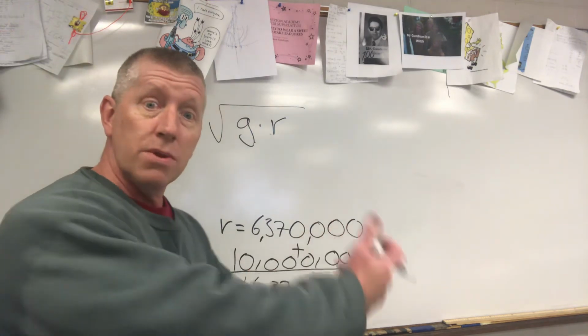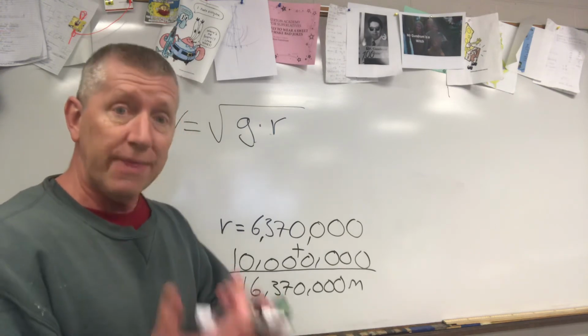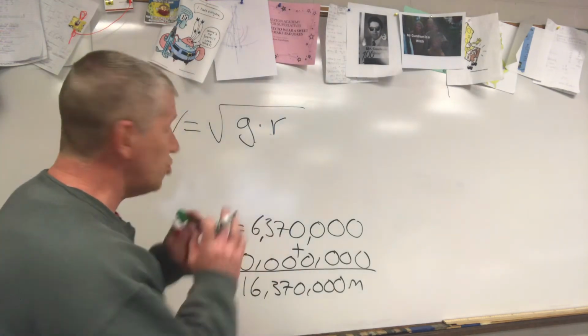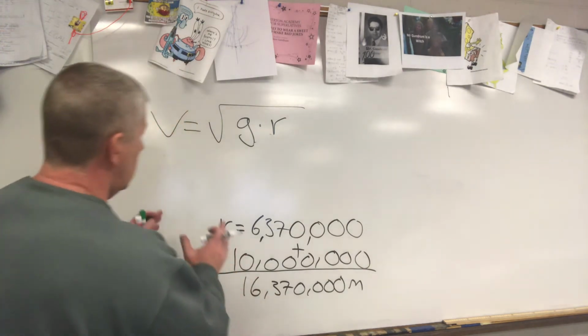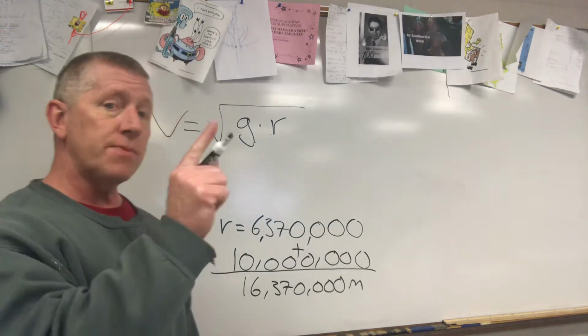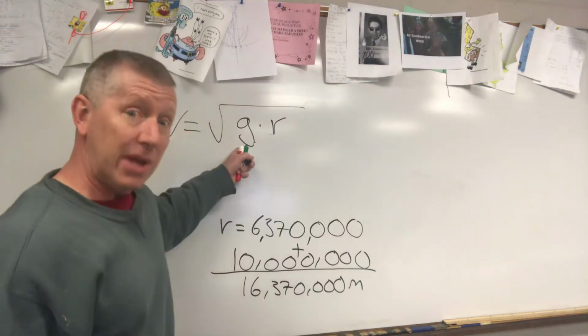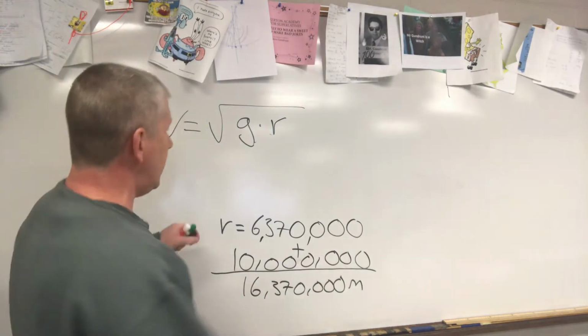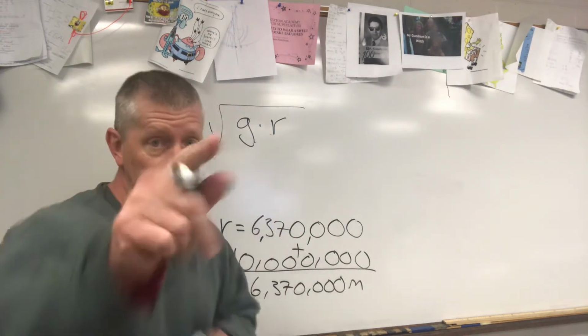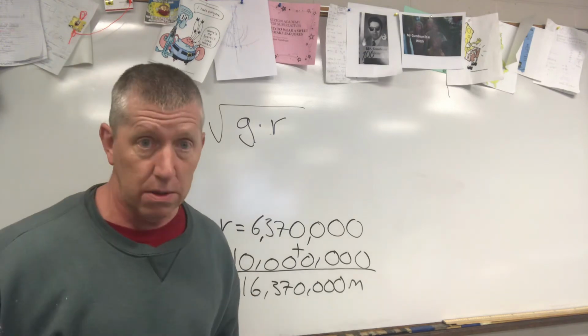No, remember earlier we derived the equation to solve for g at that height. So we could either solve for g by using that equation, or we could substitute that equation in for g and get an overall satellite equation that'll work for any satellite at any height.